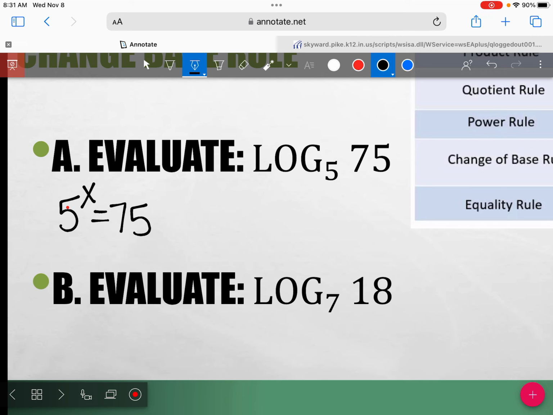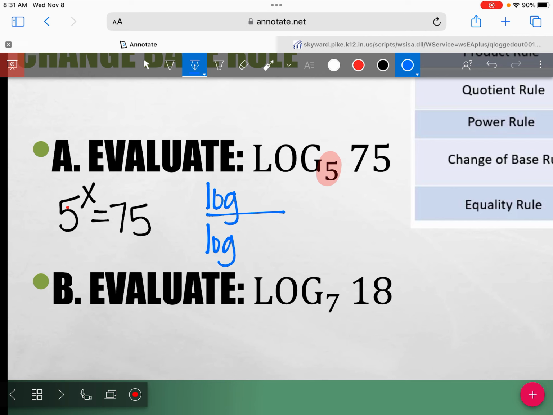So what we're going to do is use our calculator. Because we don't have a base 5 key, we don't have that as an option. We're going to change it to a base 10 or a natural log. So when you type it in your calculator, you can either type it in as a common log. We're going to put in a fraction.